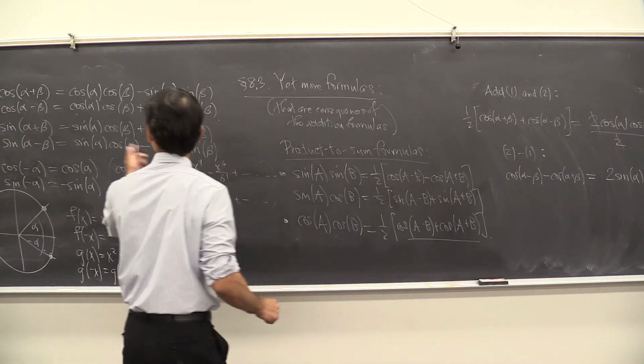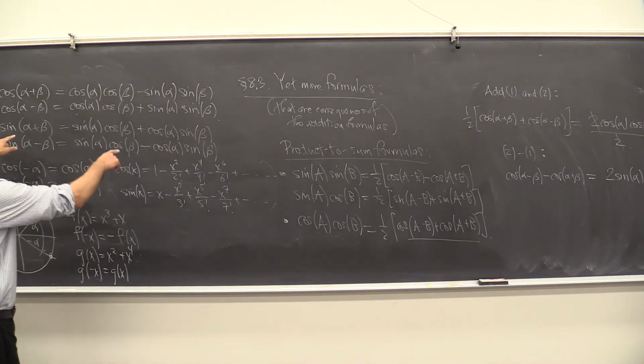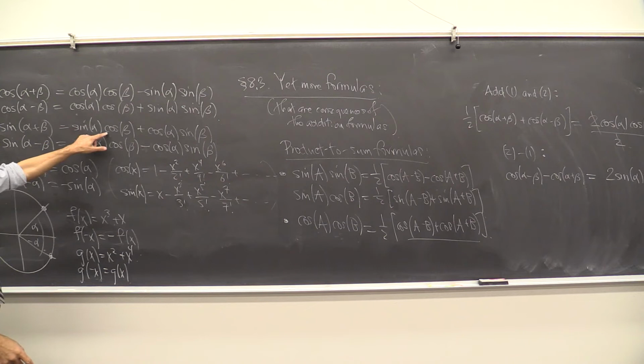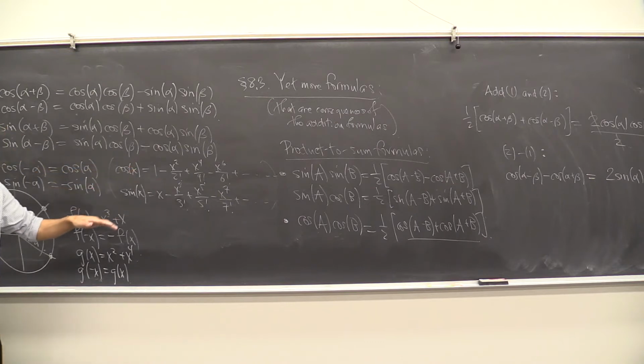And similarly for the last one, we can add these together. That kills off this thing, and then we get sine alpha cosine beta equals 1/2 of this sum here, which is the second formula.